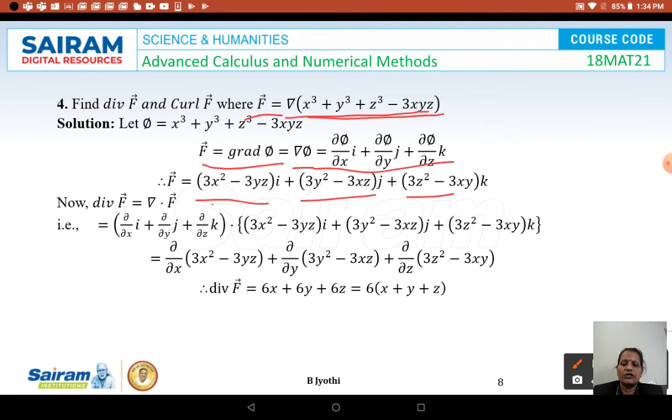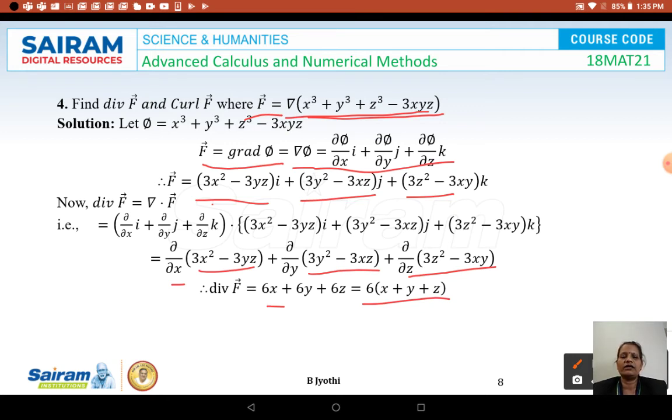That gives us dou by dou x of (3x² − 3yz), dou by dou y of (3y² − 3xz), and dou by dou z of (3z² − 3xy). Therefore, div f is given by 6x + 6y + 6z, that is 6 times (x + y + z).